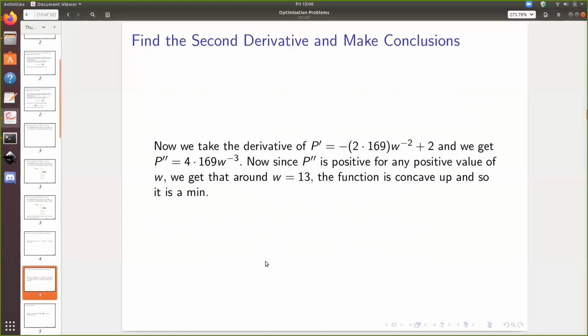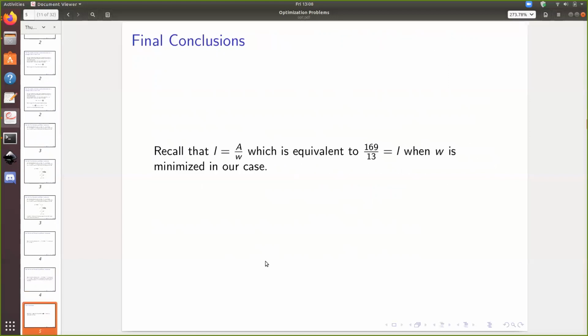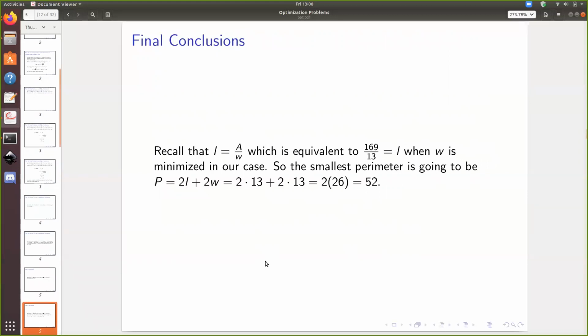So let's work with that and find our length. Plug everything in. We get that the length is 13. Then we plug 13 into the length and width, respectively. And we get that the perimeter overall is going to be 52, just from some very simple calculations.